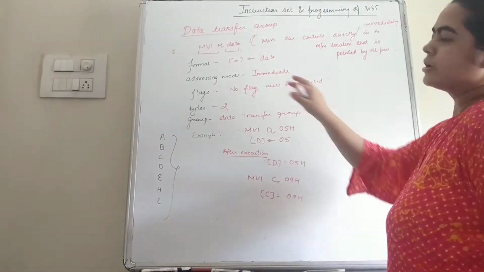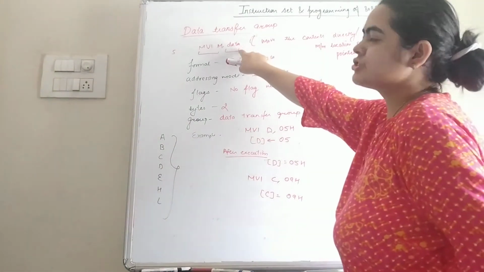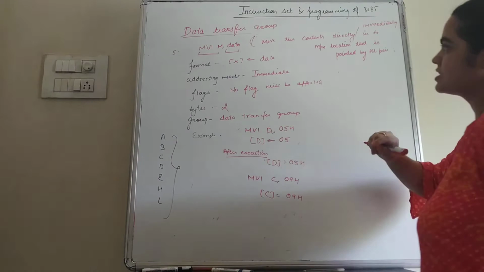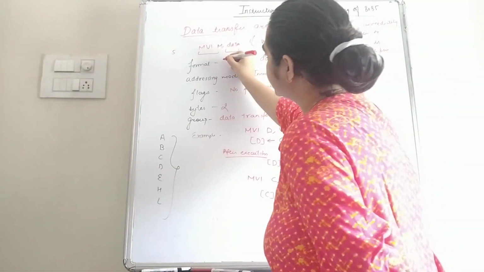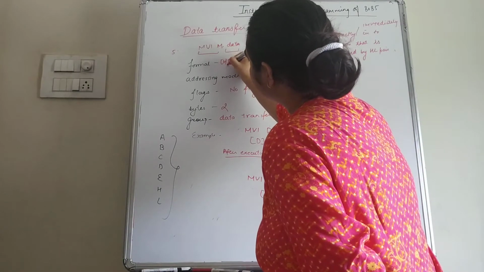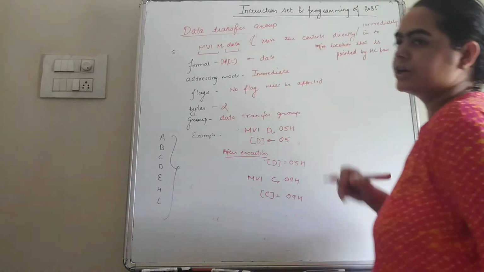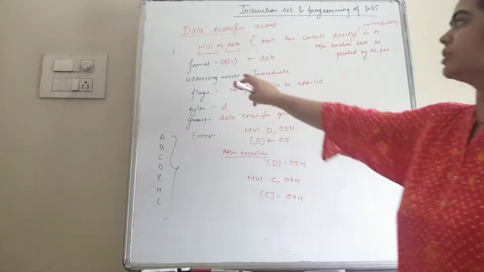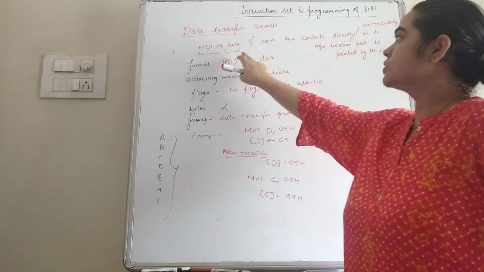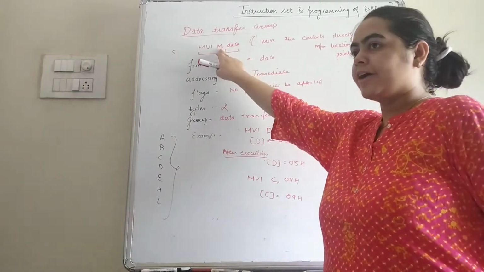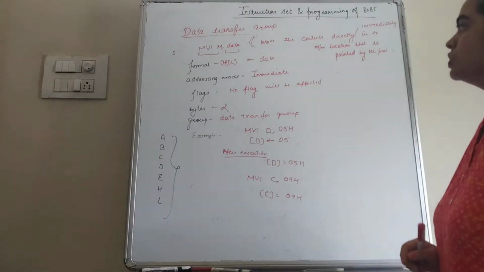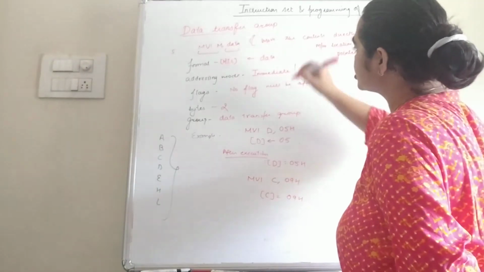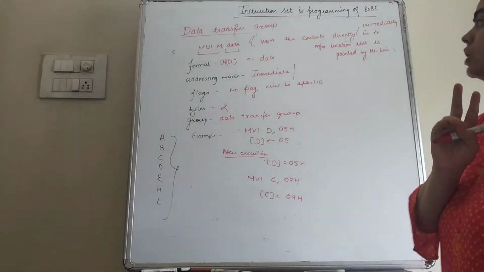So at that particular memory location, the data given in the instruction will be transferred. Here the format is HL, and this data will be transferred into the memory location pointed by the HL pair. Students, in this case we have M as well as data, so this instruction comes under both categories.